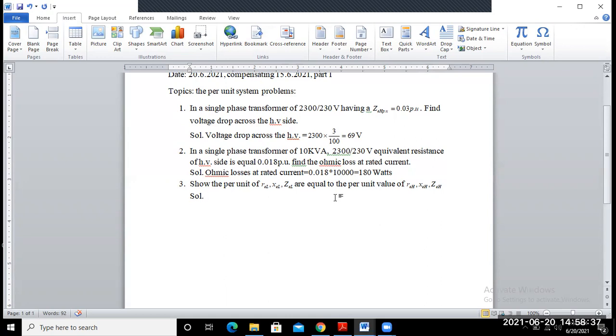Just try to use this formula and prove this statement.